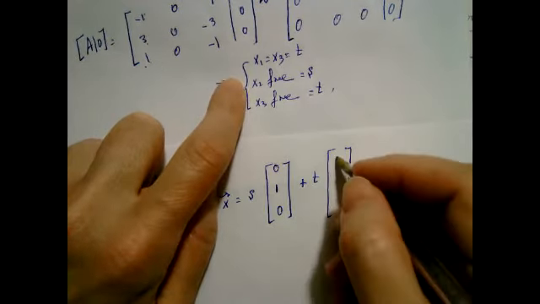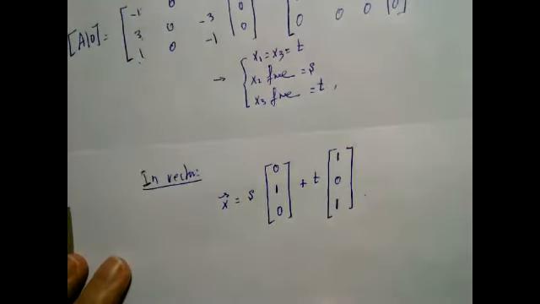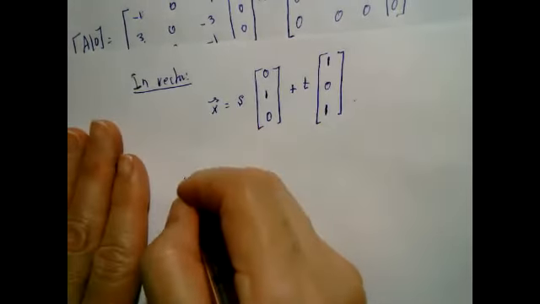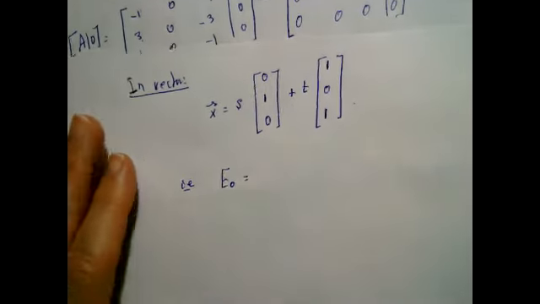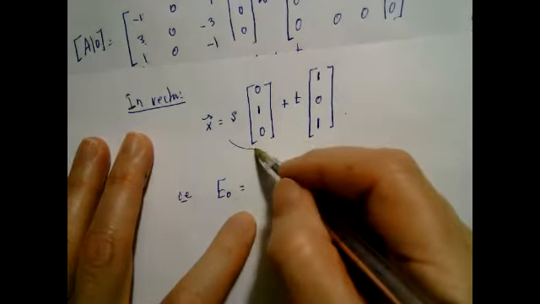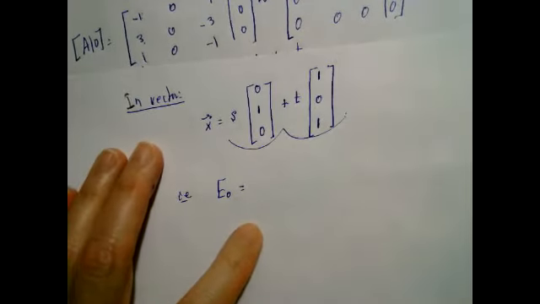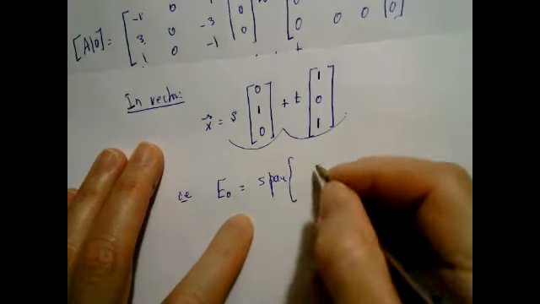Now for the second one, I'm going to have a 1, 0, and a 1. Okay, so it means that the eigenspace that corresponds to lambda equal to 0 is all the possible eigenvectors. It means all the linear combinations of those two vectors. So it's the span of those two vectors.